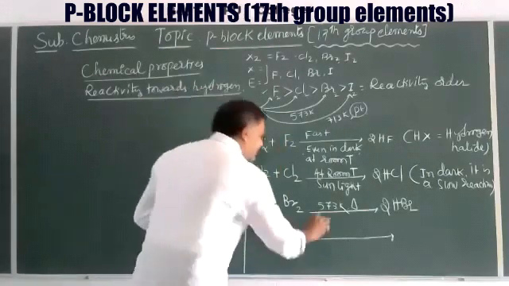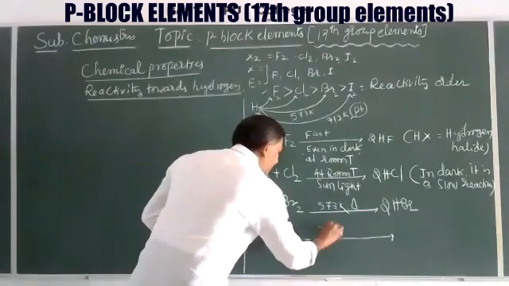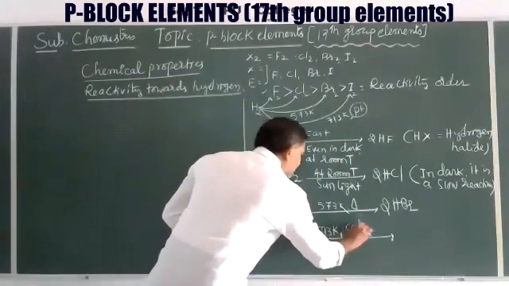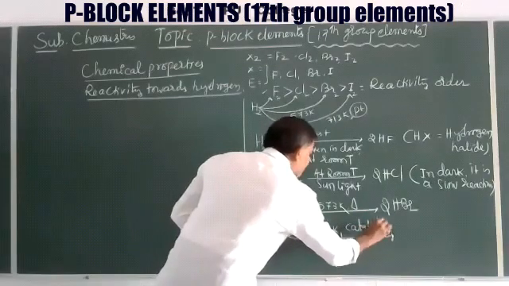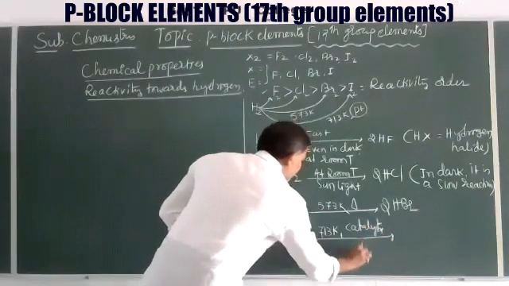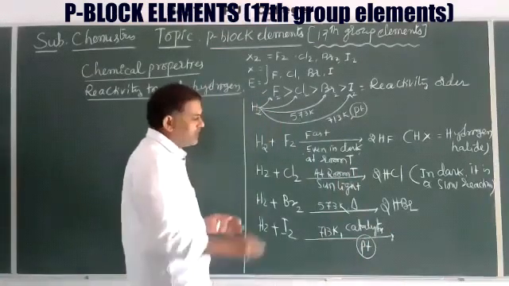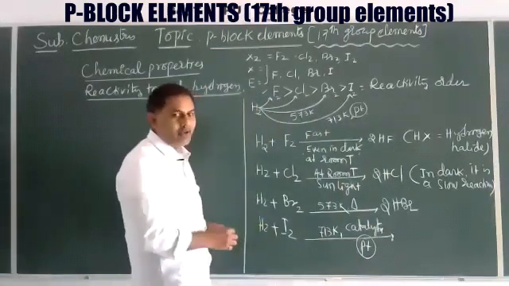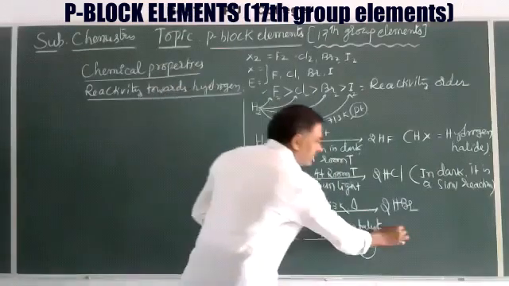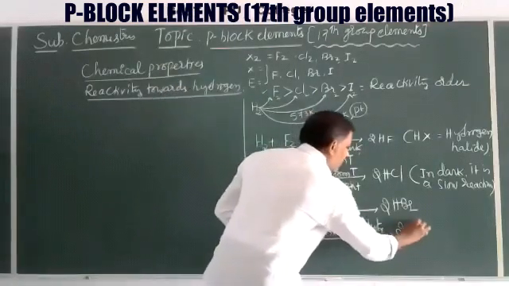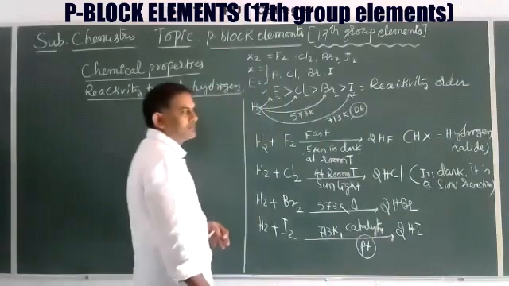That's why a temperature of nearly 700 and also a catalyst, a platinum catalyst, is required. A catalyst increases the rate of the reaction by decreasing the activation energy. Then it gives the corresponding HI, hydrogen iodide.